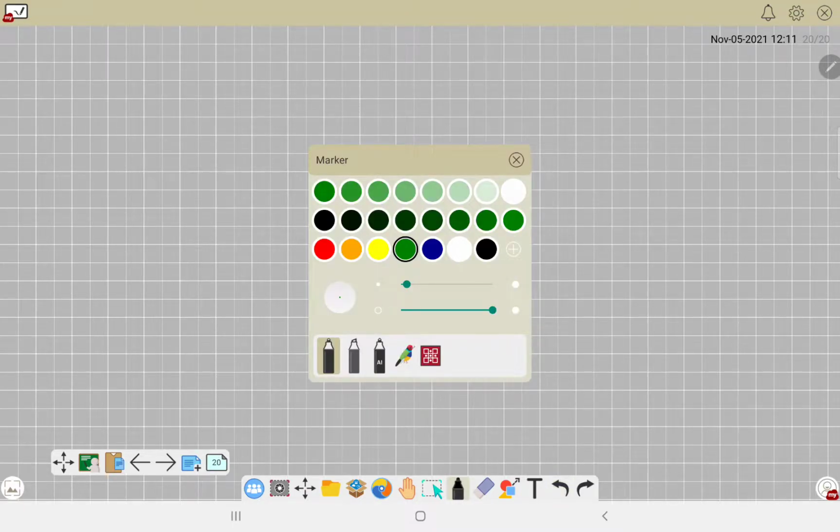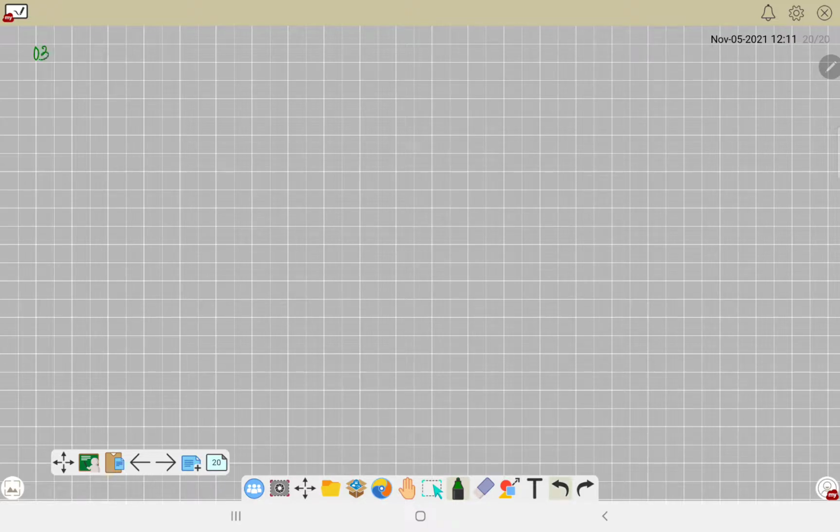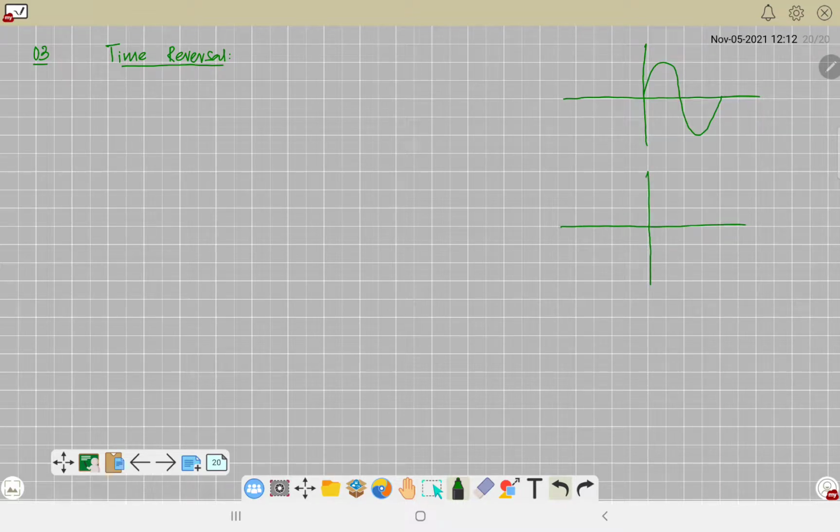Then on same grounds, we can define the third one, the time reversal property. Fine. Again, if you talk about time reversal, it doesn't alter the period. ये आपका normal signal है. If you time reverse it, I think it will be like this.